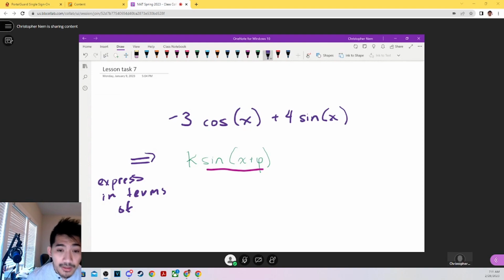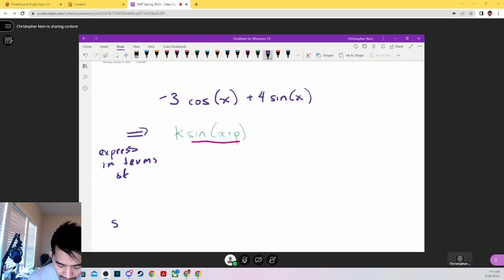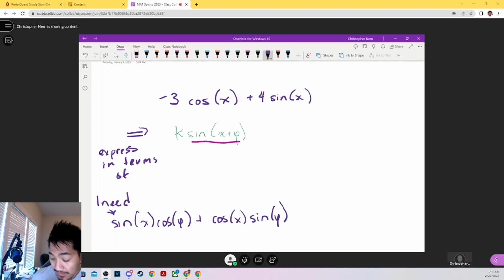So, if I want to go to the sum of sines backwards, I need something in the form of sine of x cosine of phi plus, and then I'll keep it consistent with the way your book has written it down, cosine of x sine of phi. They alternate. That's the idea. So I need this right here.